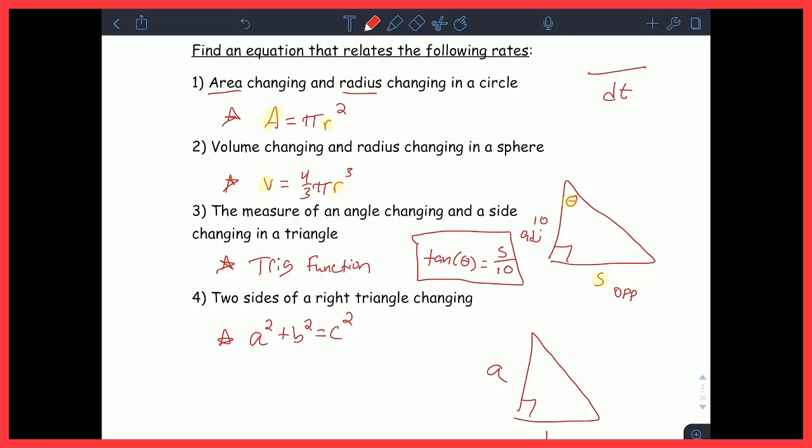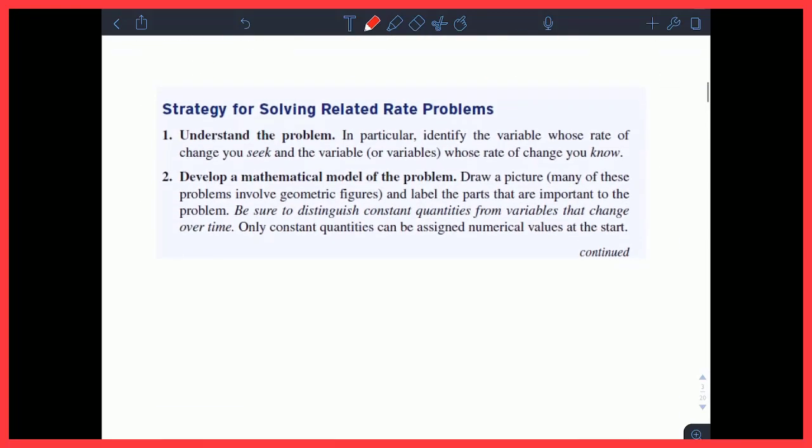Okay, let's make a plan. Here are a couple of beginner steps to get started. Number one, understand the problem. In particular, identify the variable whose rate of change you want to find, and the variable whose rate of change you know. I always start my related rate problems with understanding, number one, we know d blank dt, and number two, we need d blank dt.